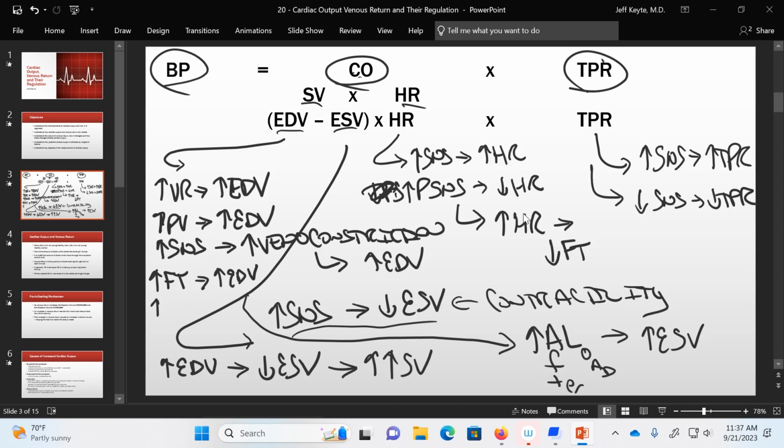So as afterload goes up, in other words, as diastolic blood pressure goes up, ESV tends to go up. How will that affect stroke volume? Up or down? Down, right? If the ESV is bigger, the heart gets less small. It pumps less out, right? So the stroke volume gets smaller between those two.